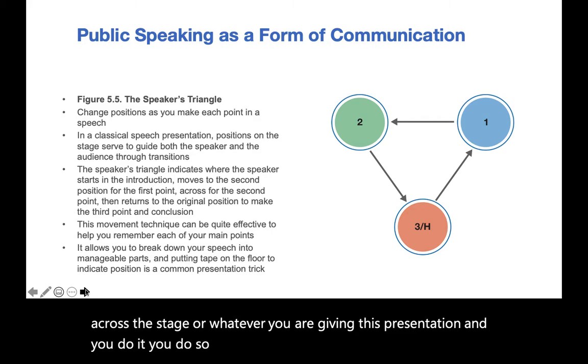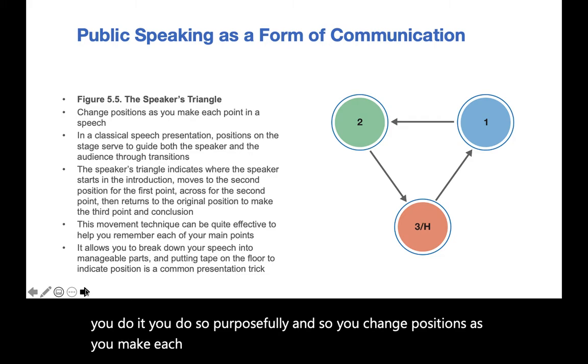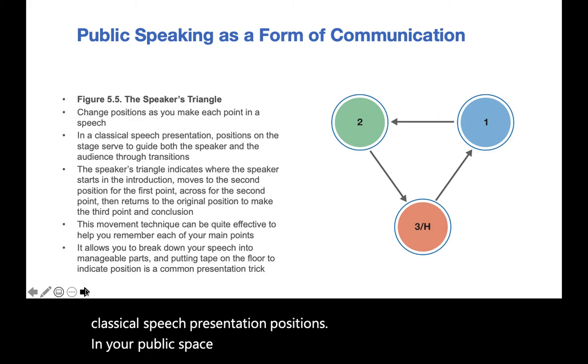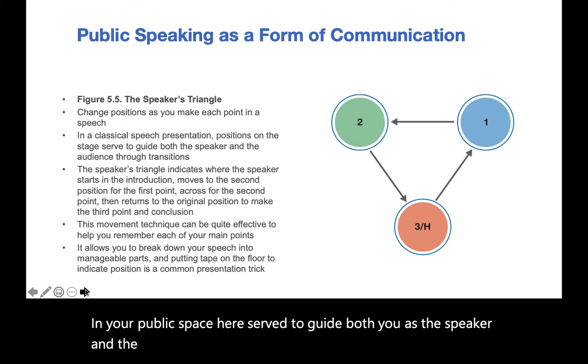And so you change positions as you make each point in your speech or your presentation. So in a classical speech presentation, positions in your public space here serve to guide both you as the speaker and the audience through the transitions in your speech or your presentation.